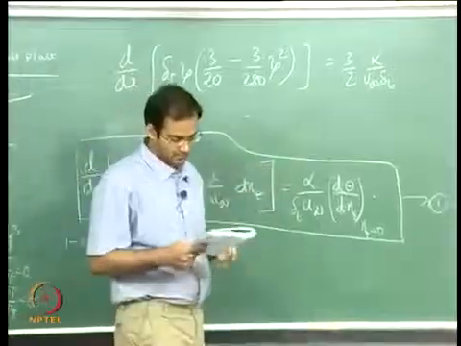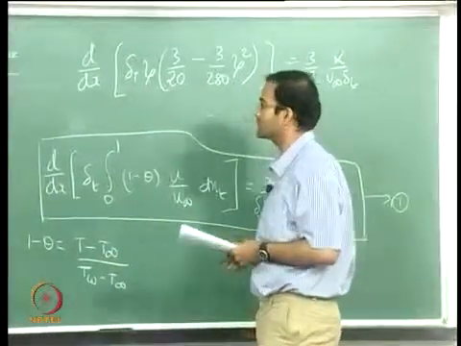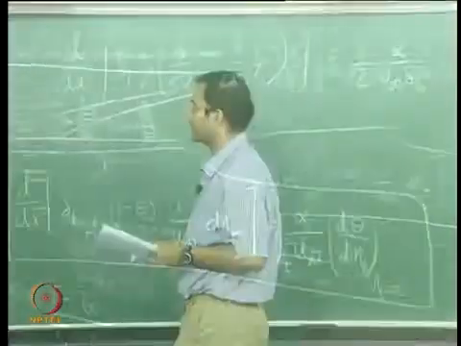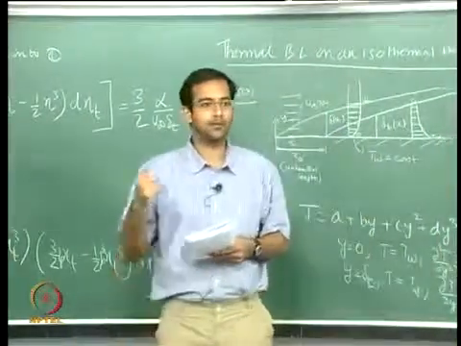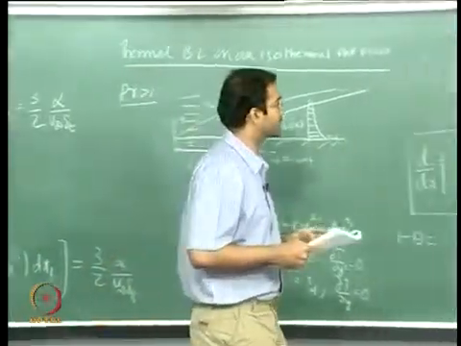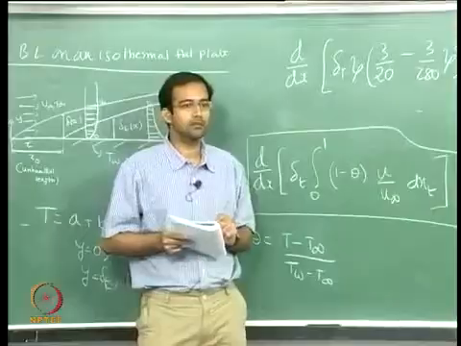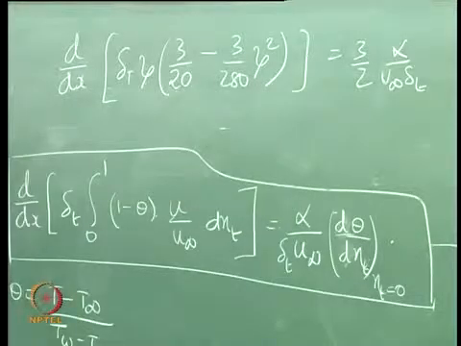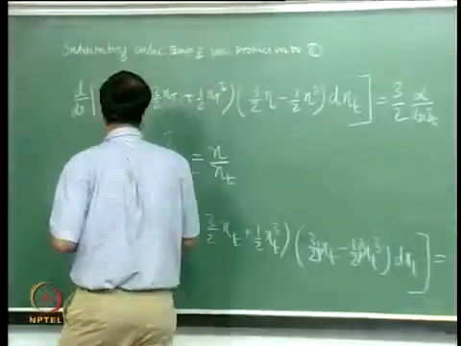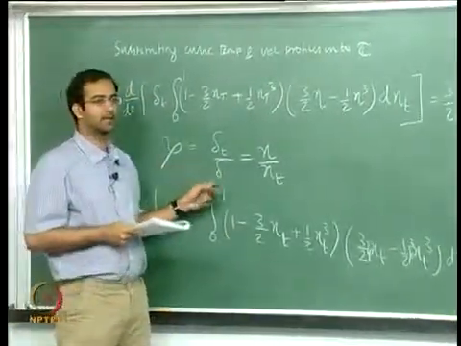From here we can make an approximation. Already I said this is for a case where Prandtl number is greater than 1. So far we have not introduced any approximation on the Prandtl number. If Prandtl number is greater than 1, what should be delta t with respect to delta?